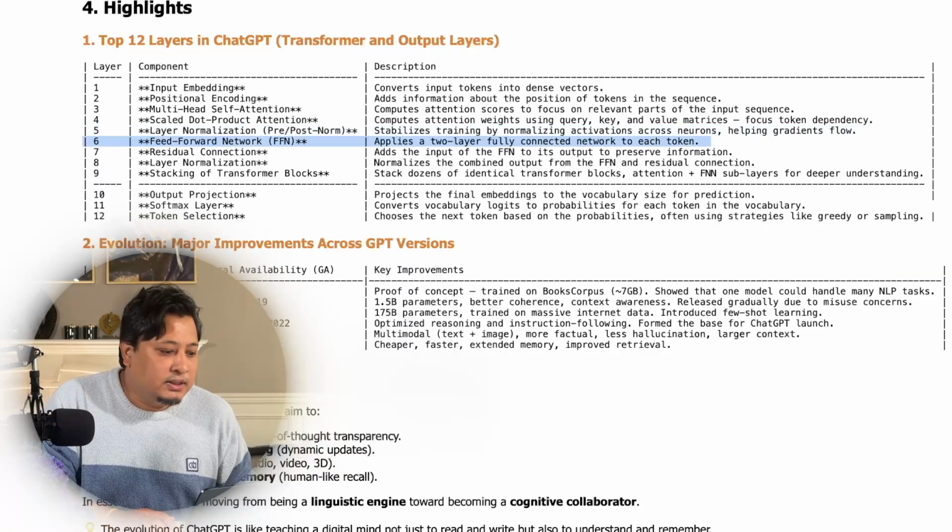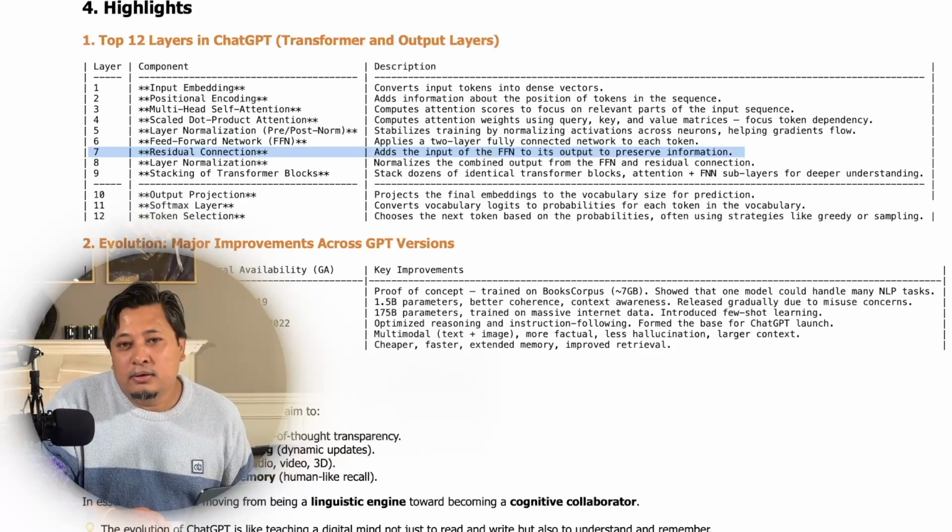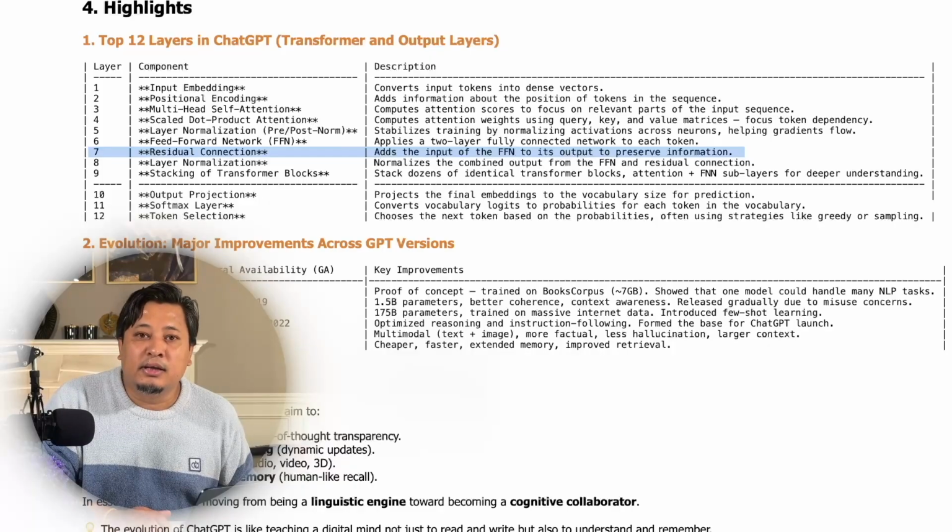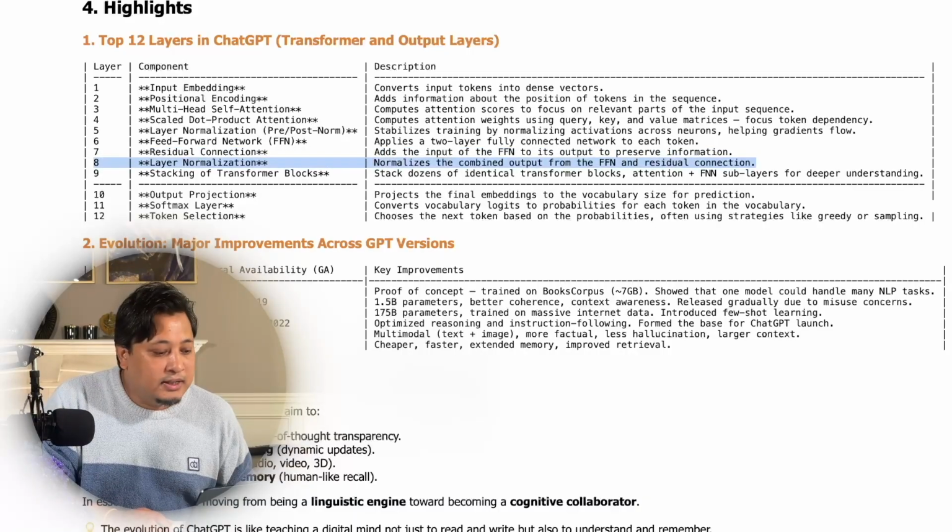The next one is the feed-forward network. It applies a two-layer fully connected network to each token. The seventh layer is the residual connection. It adds the input of the feed-forward network to its output for preserving information. The eighth layer is the normalization layer again. It normalizes the combined output from the feed-forward network and residual connection.